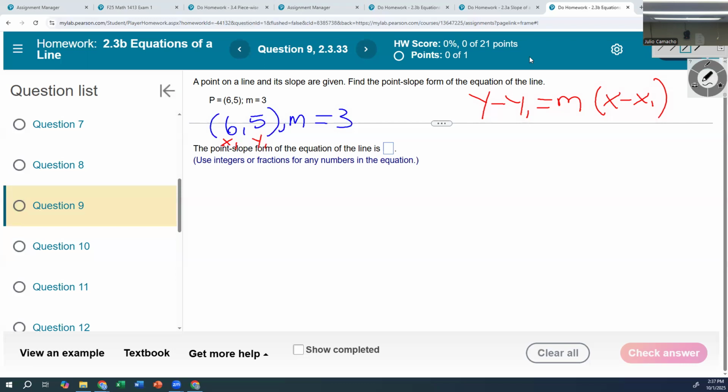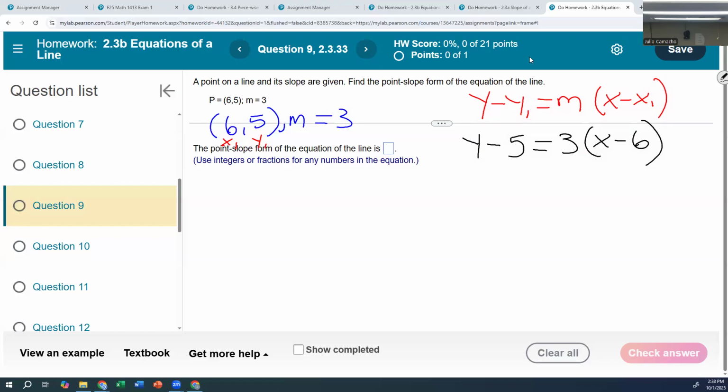Your equation is y minus y1, which is 5, is equal to your slope 3 times x minus x1, that is 6. That is all you have to do because they said the point-slope form of the equation of the line S, and that is your equation. You don't have to find an answer. You have to write the equation. That is question number 9.